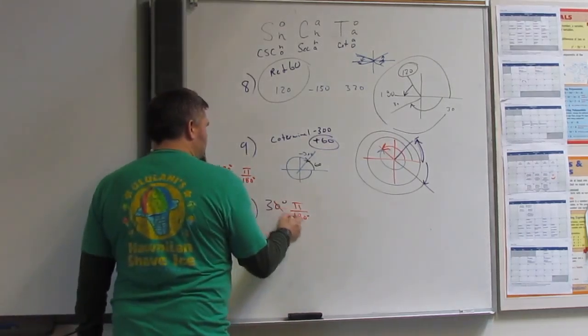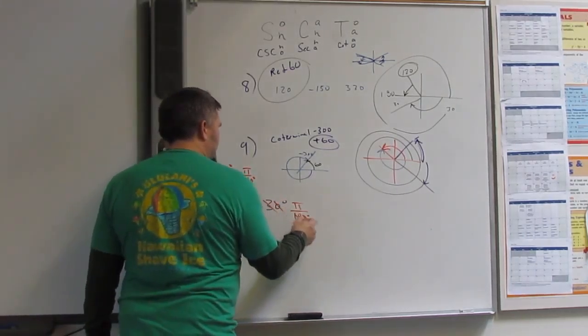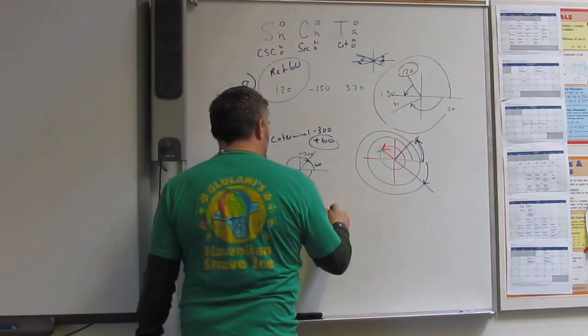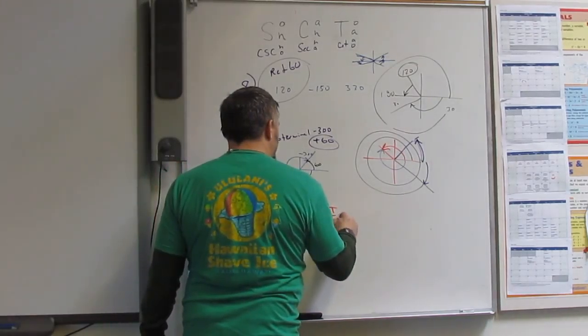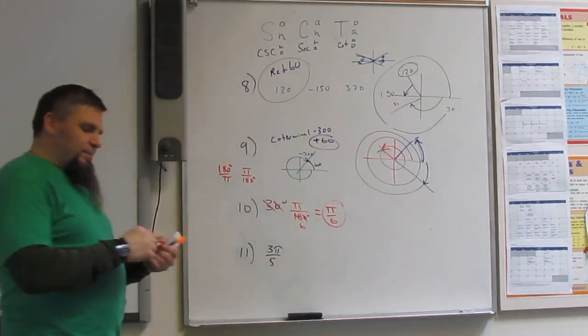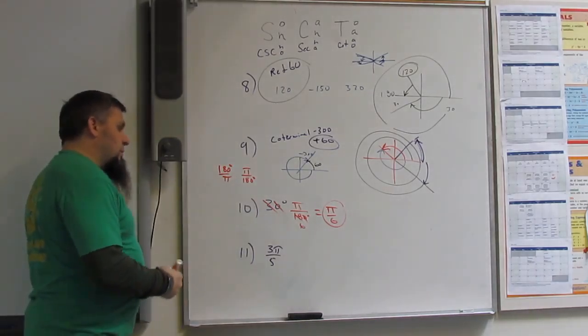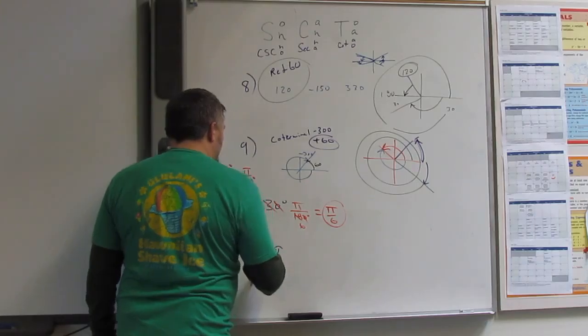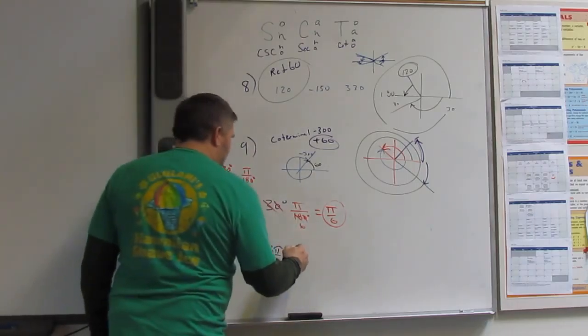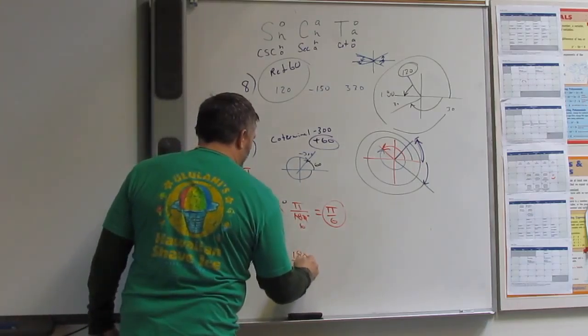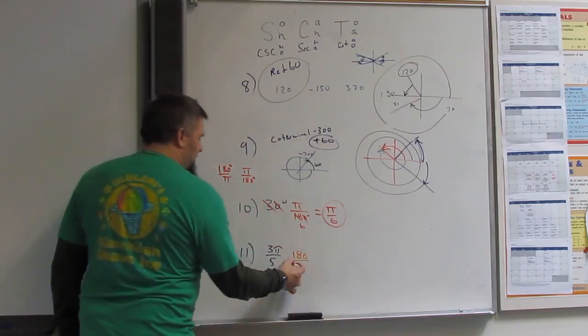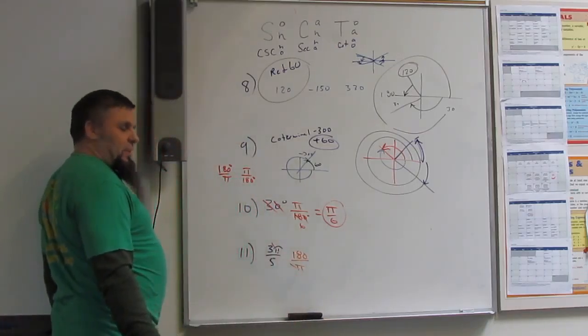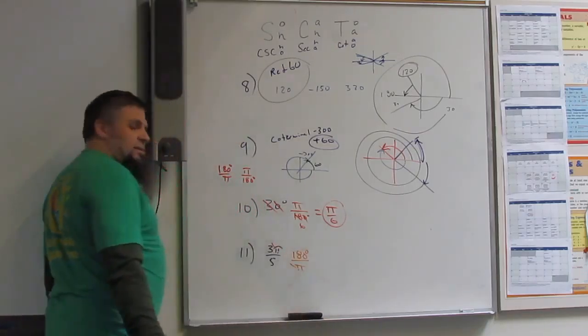And then the zeros cancel, this cancels, gives you 6. So I got pi over 6, times pi over 180. Now if I'm going from radians to degrees, I need it to be 180 over pi, so that the pi's cancel out and I'm left with degrees.